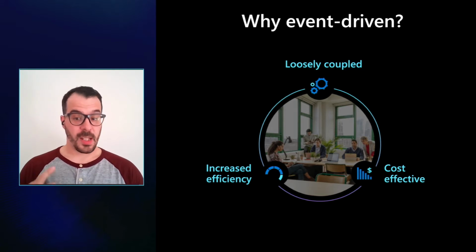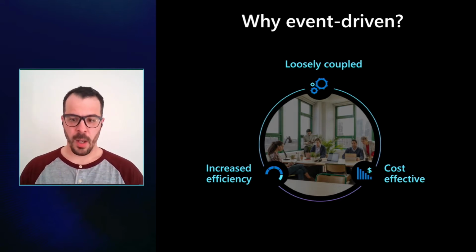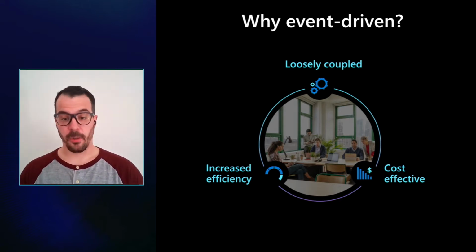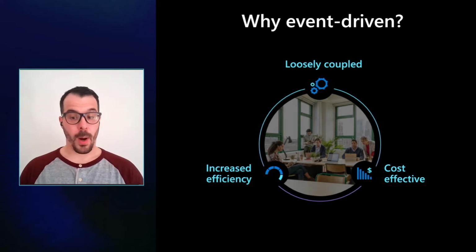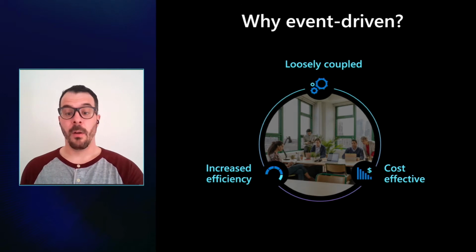Of course, that kind of application is extremely cost effective. Since we're not polling for what's new every time, we can only assign resources when we need them rather than all the time, giving us the ultimate payout, paying only for what you use.